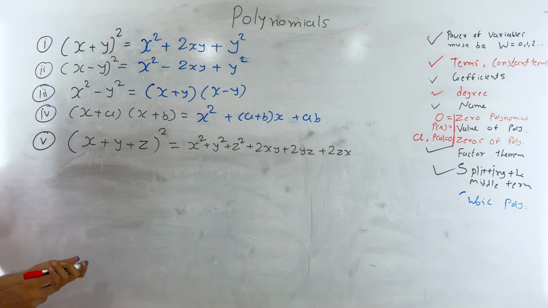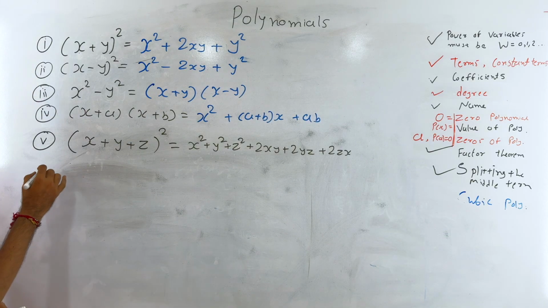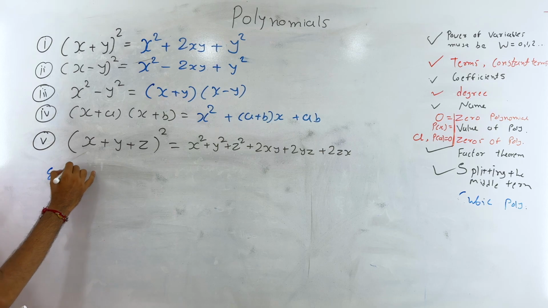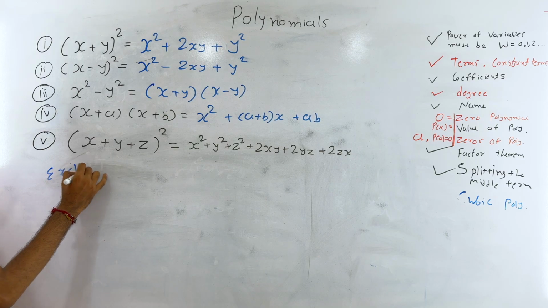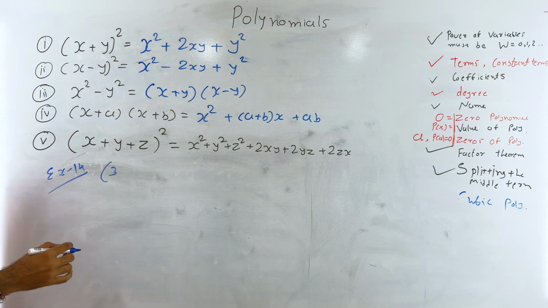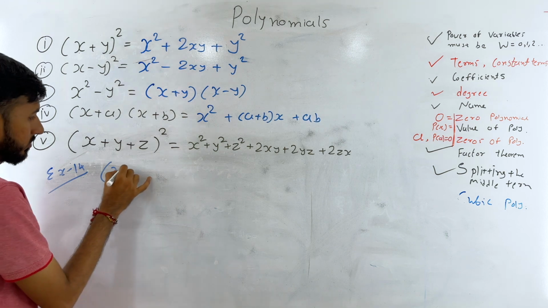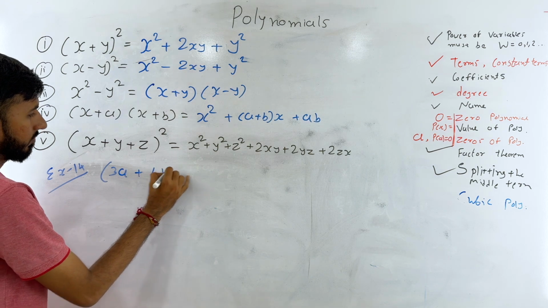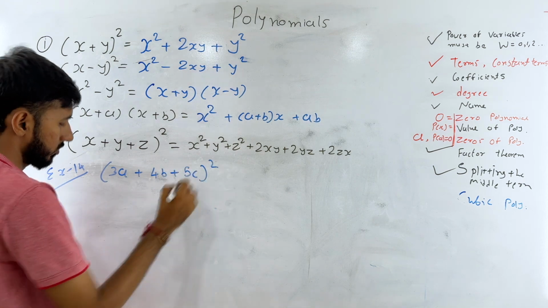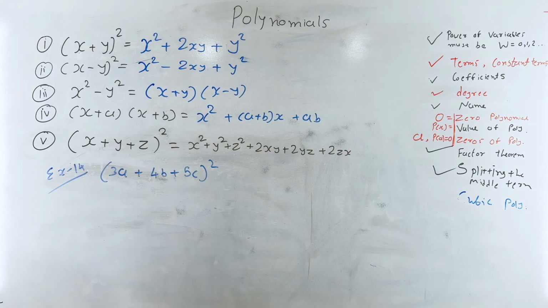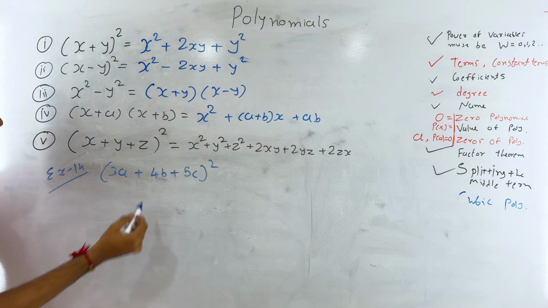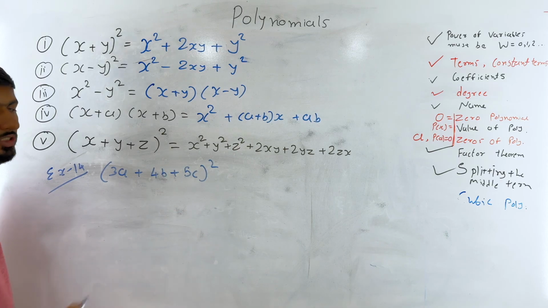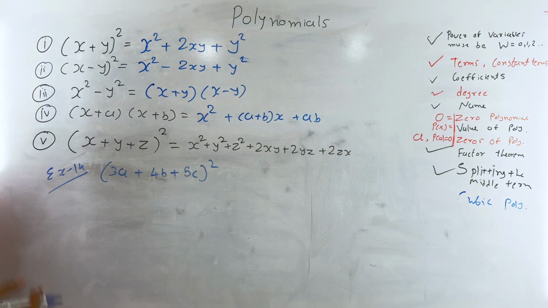Let us do a first example of using this identity. That will be example number 14. 3a plus 4b plus 5c whole square. I have to do a simplification of this polynomial, 3a plus 4b plus 5c whole square, using an identity.